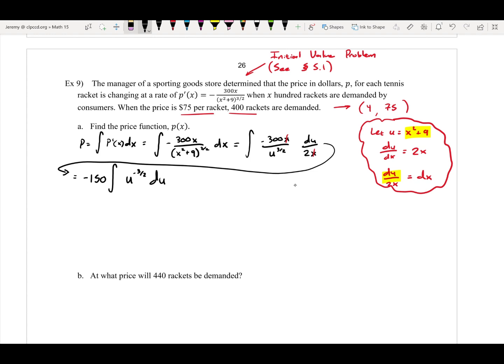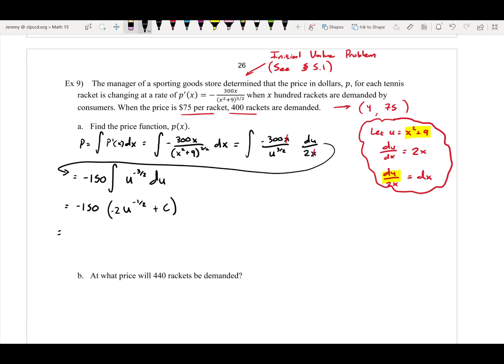Now we'll do the antiderivative, negative 150, and this is going to be u to the negative 1/2, so that's adding 1 to the exponent, and then multiply by the reciprocal of that new exponent, so times negative 2. And I have to do a plus c here because it's an indefinite integral.